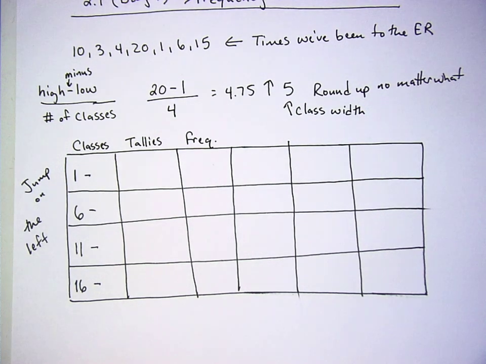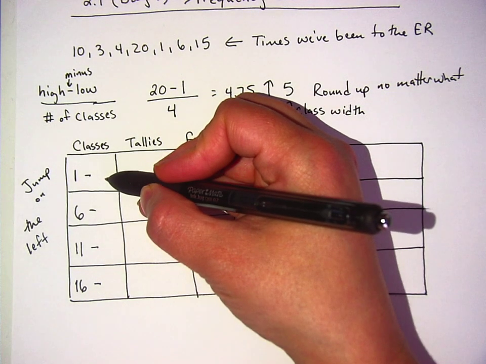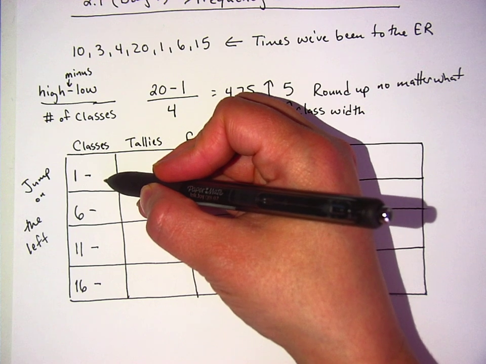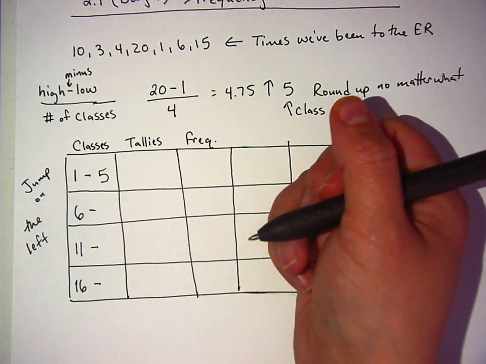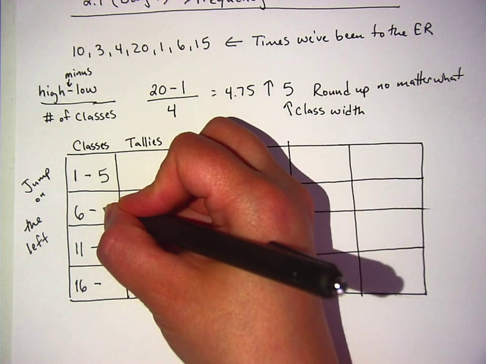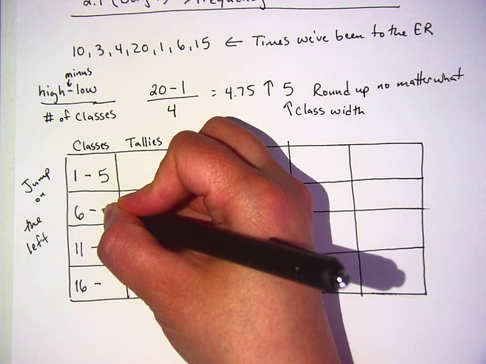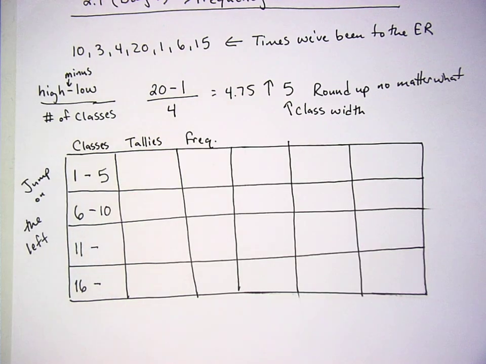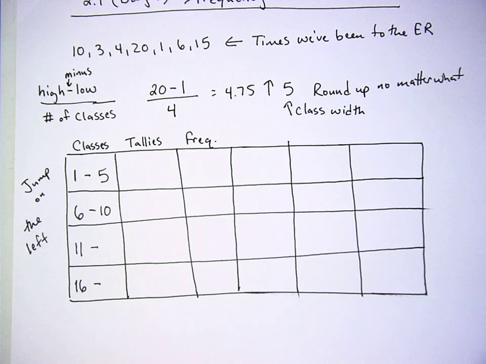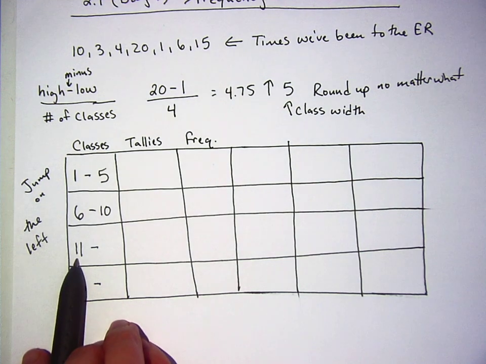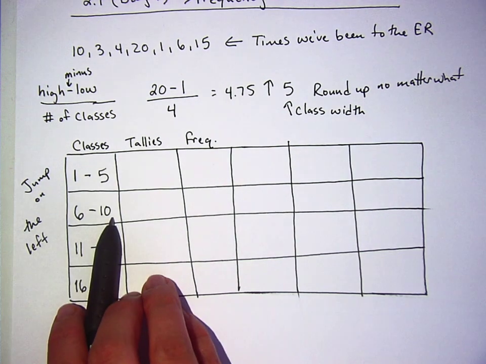Now you just fill in the other half. What do you think goes right here? 1 to what? 5. 6 to 10. How do you know? Because that is the last number before you jump to the next box. Right, the next class is starting at 11, so this one must go through 10.